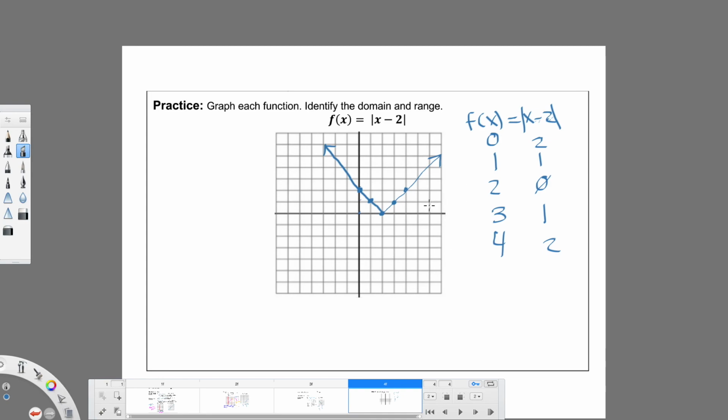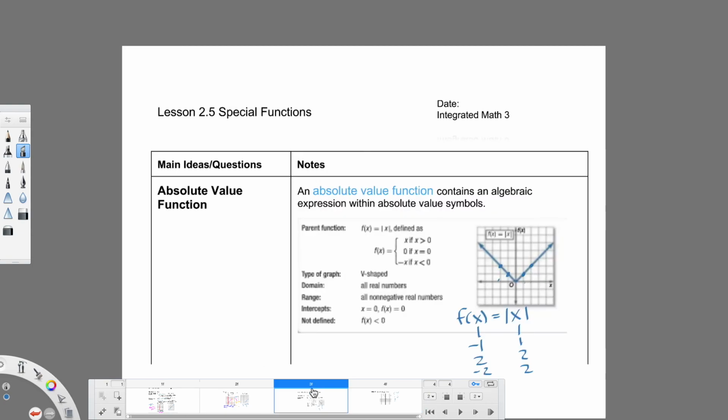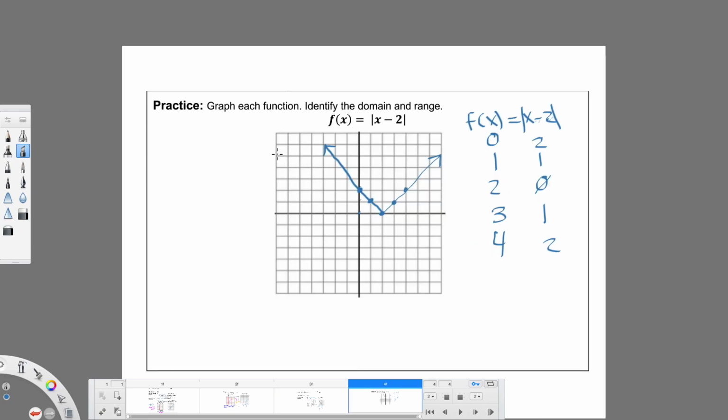So the domain, just like it was here, is going to be all real numbers. It's going to go on and on forever to the left, on and on forever to the right. So the domain is all real numbers. So let's write that down. Domain is going to be all real numbers. Okay.